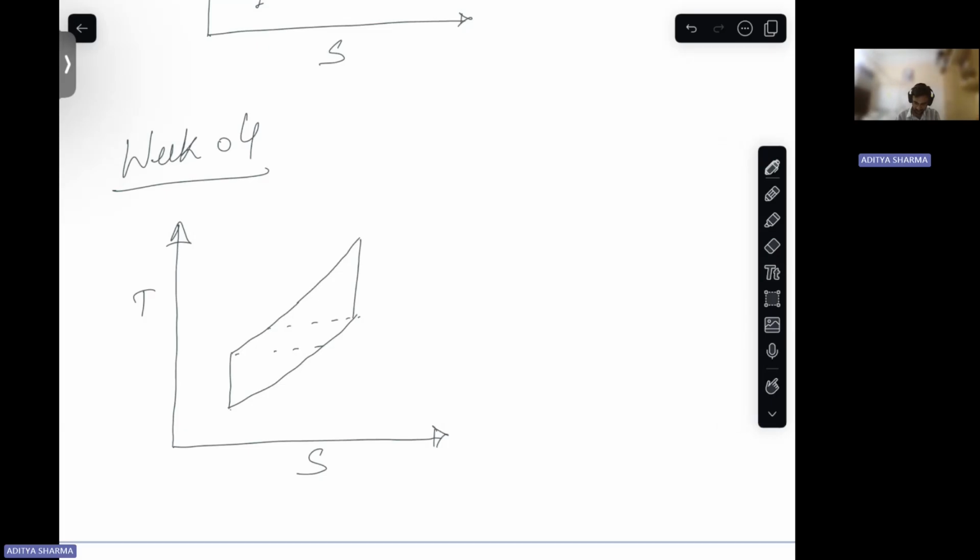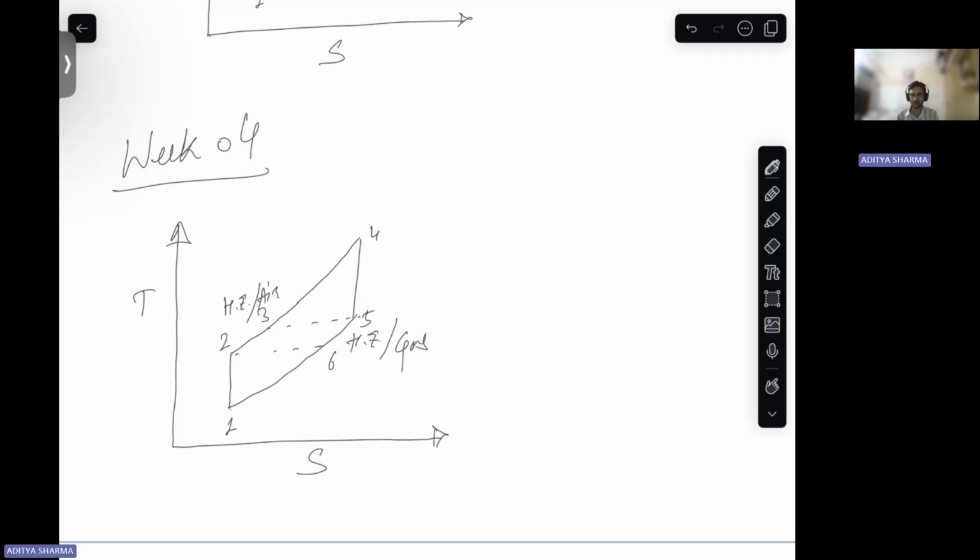So the PS diagram for Brayton cycle with heat exchanger is this. So this heat exchanger here you have, here gas you have.